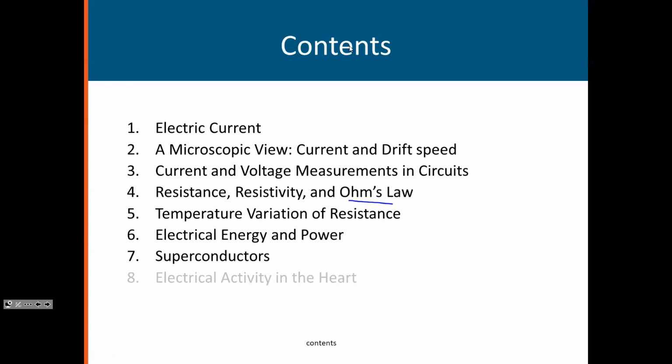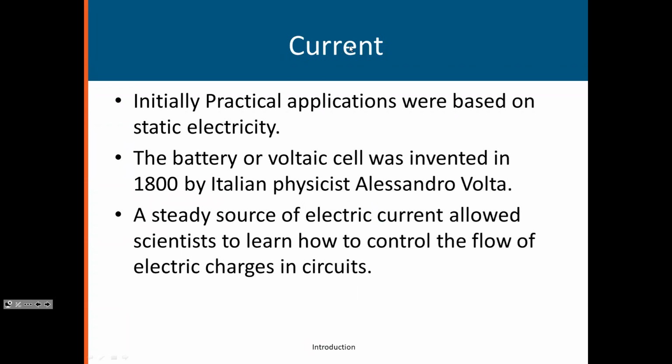Right, current. Initially, the practical applications were based on static electricity. We charge something to a high charge, then there are some applications with static. Static means not moving, but eventually later there were new discoveries, and we were able to have moving electricity, which is current, and we were able to control that.